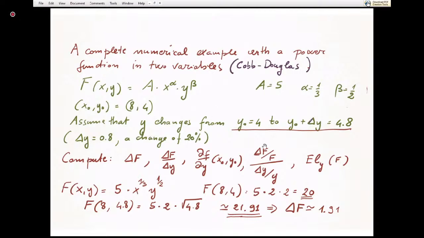Exercise: compute the true increment of the function, the difference quotient, the partial derivative with respect to y at the initial input level, the ratio between the percentage changes of the two factors, the percentage changes of the output and the factor that changes, and the partial elasticity with respect to y of the function at the initial point.